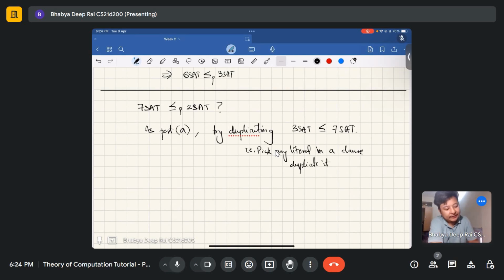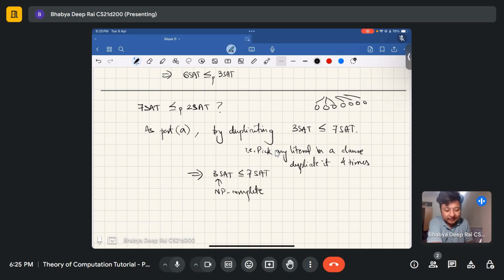How many times? If there are 3 and I want to convert it to 7, I want to duplicate it 4 times, so that it becomes a 7 sat instance. So like we showed 4 sat reduces to 5 sat, we can show that 3 sat reduces to 7 sat. Now what do you have? If 3 sat is NP complete and it reduces to 7 sat, this means that 7 sat is NP complete.